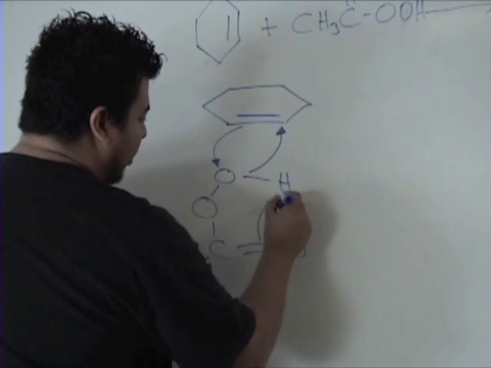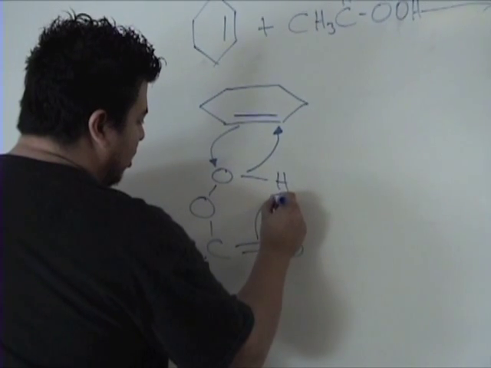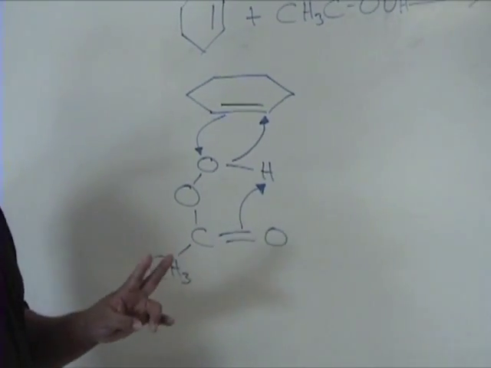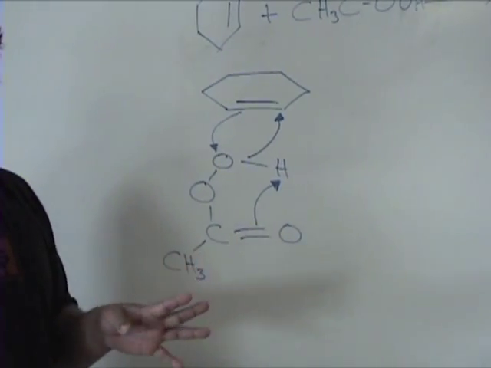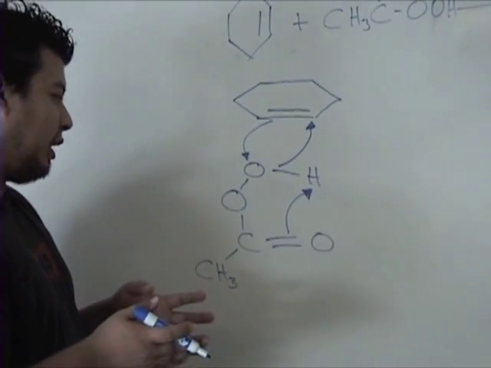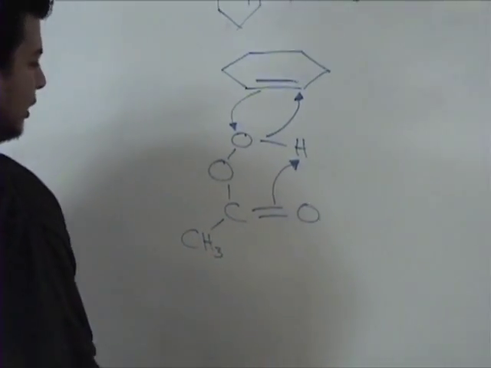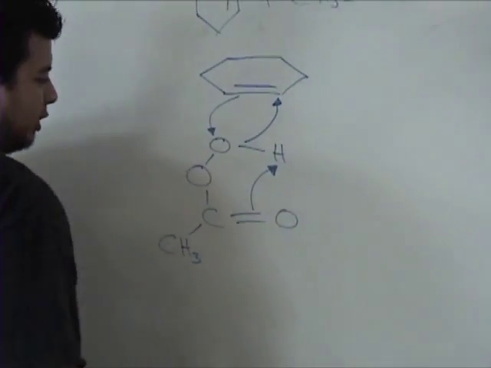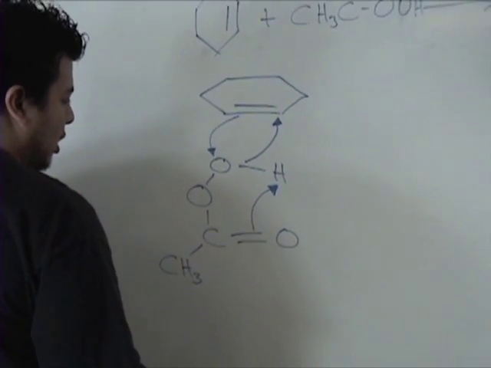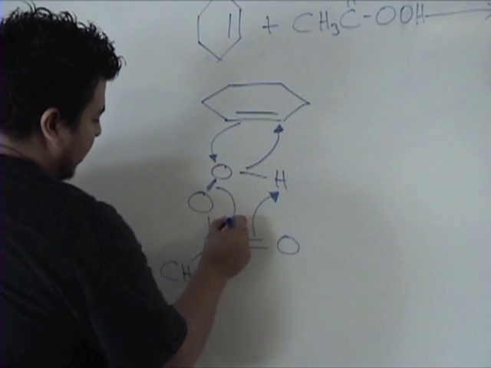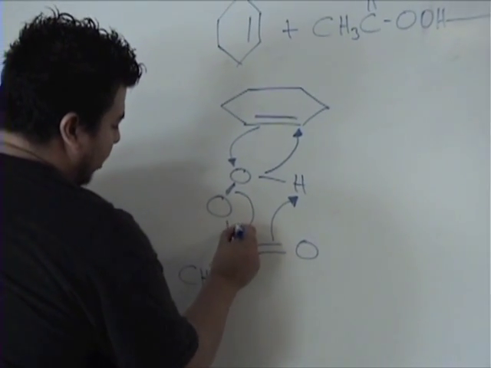So this double bond is going to break. Remember, the pi bond is the weakest of the two. If we have a triple bond, you have 2 pi bonds and 1 sigma bond. So the easiest ones to break are the pi bonds. So the pi bond in here is going to attack that one. And then our weakest bond, the oxygen-oxygen bond, is going to form a double bond right here.